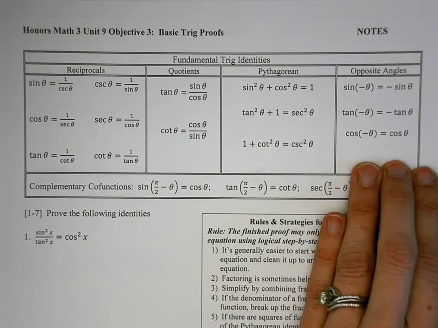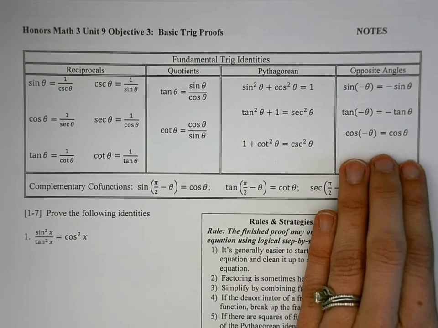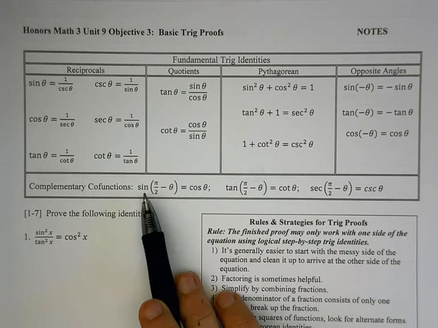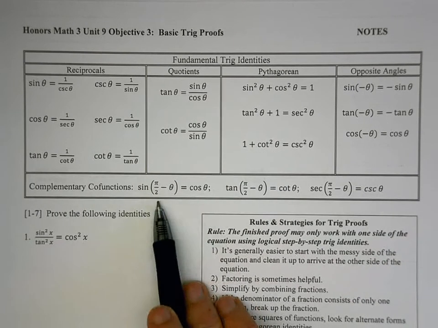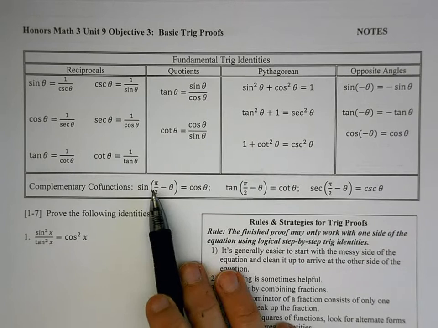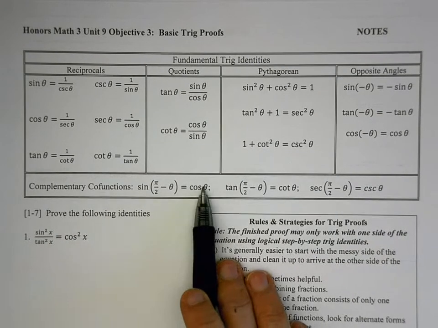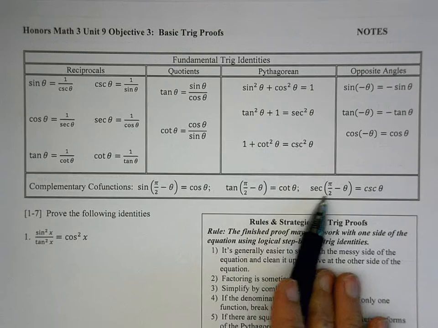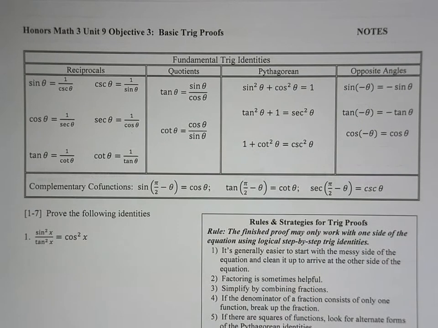We've got our opposite angles, which we looked at why these opposite angles work in objective 2. And then we have our 3 complementary cofunctions, which are that sine of pi over 2 minus theta equals cosine, tangent of pi over 2 minus theta equals cotangent, and secant of pi over 2 minus theta equals cosecant, which are our 3 additional identities that we now have in our toolbox.